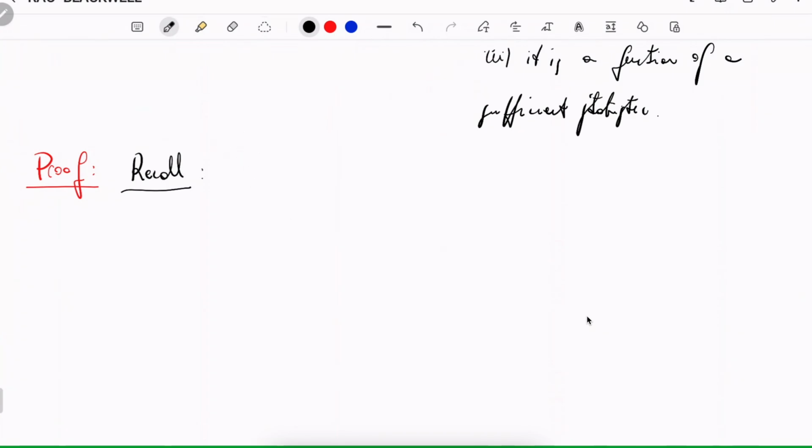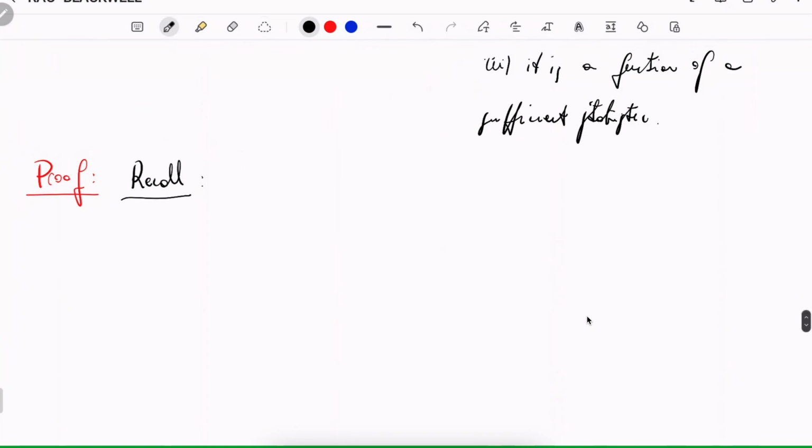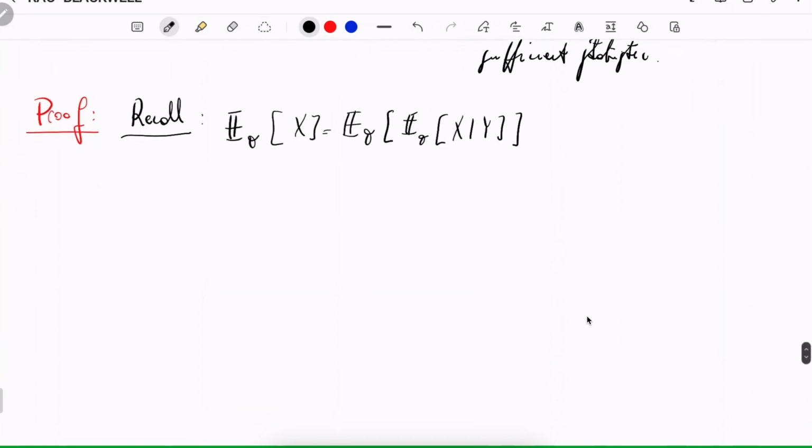What is important is we need to remind ourselves that the expectation, and here I like to use theta to remember we are in a parametric setting, is equal to the expectation of the conditional expectation. This is simple to prove. This, once again, is a function of y.